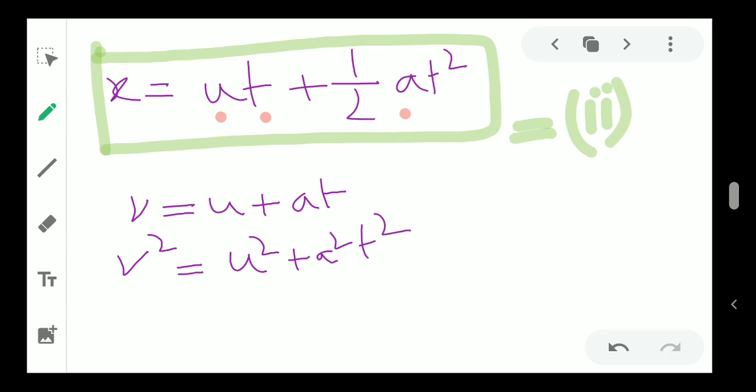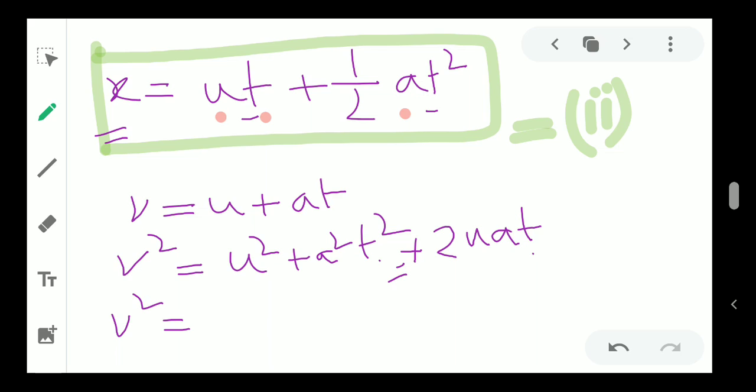Because I have something here that is in square, and I feel I can substitute this with that. With this, some more terms will come, that will be 2uat. Now you can clearly see there is a correlation. Here also t and t square are there, here also t and t square are there. So let me simplify and see what is happening.